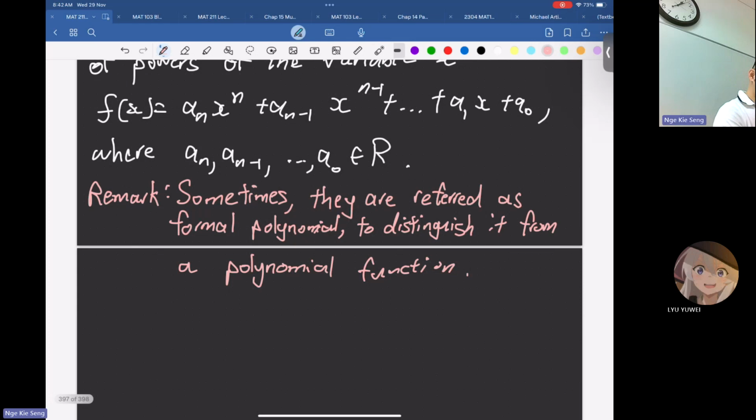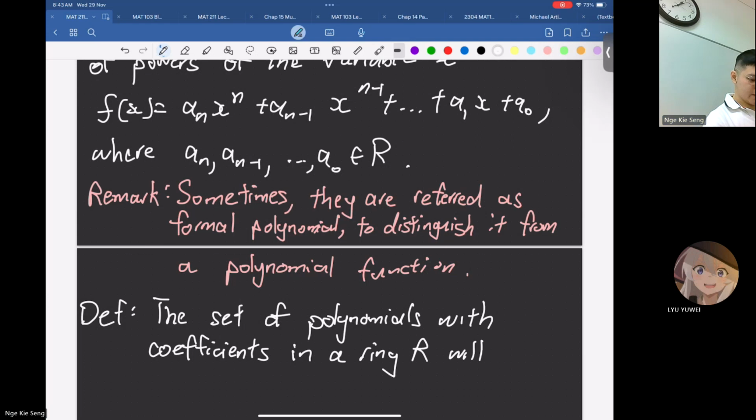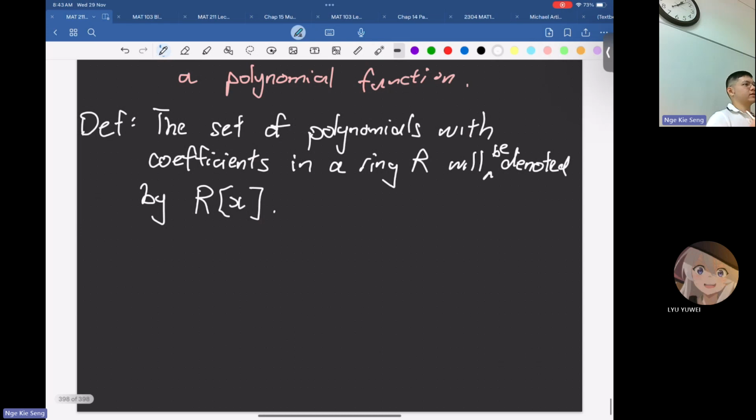Okay. So if we collect all these things, the set of polynomials with coefficients in a ring R will be denoted by R[x], or last time we said R adjoin x, adjoin, add and join.